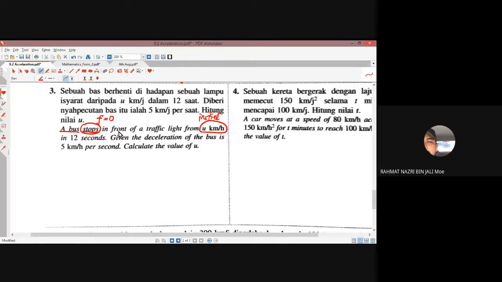So we copy the formula. Deceleration is equal to final minus initial divided by time. The deceleration value is given 5 kilometer per hour per second.